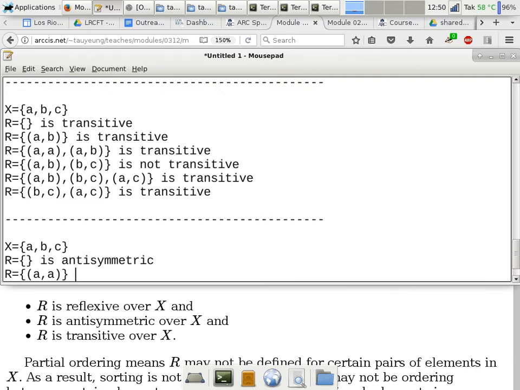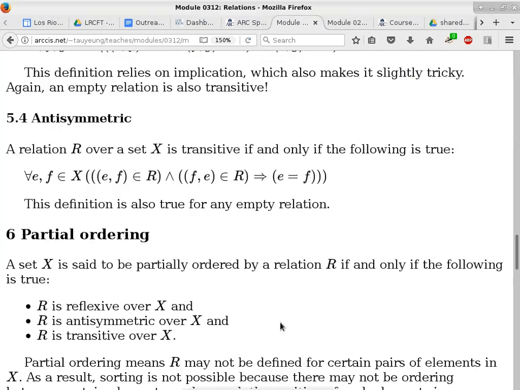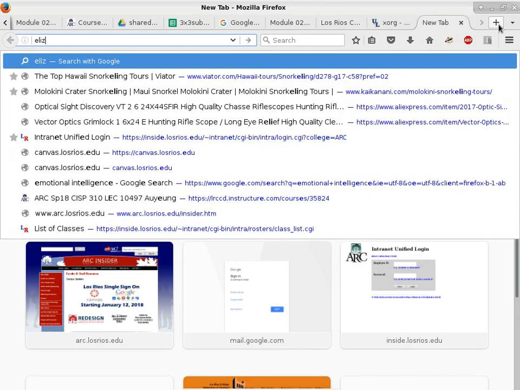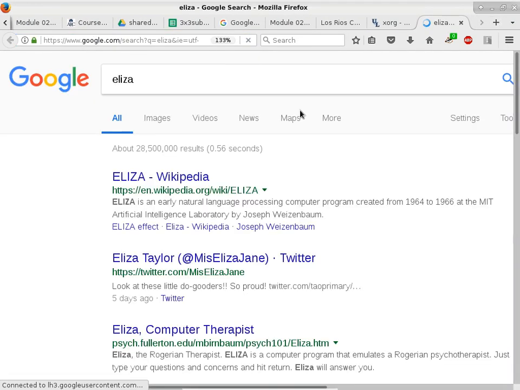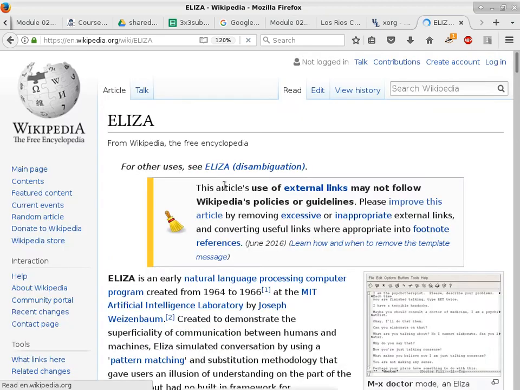Eliza. Okay, so how would you guys like to have Eliza as your professor? I don't know. Okay, so look it up, and you guys can read the rest later. ELIZA is a natural language processing computer program, an attempt to make something pass the Turing test.